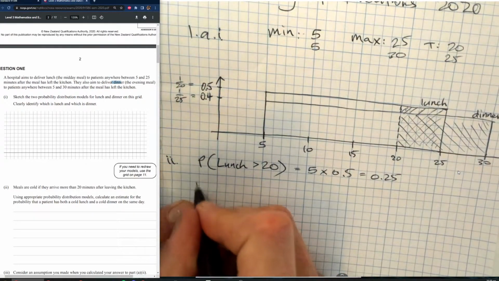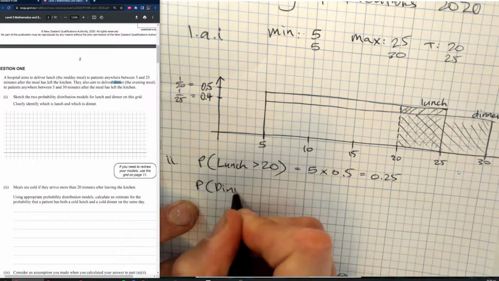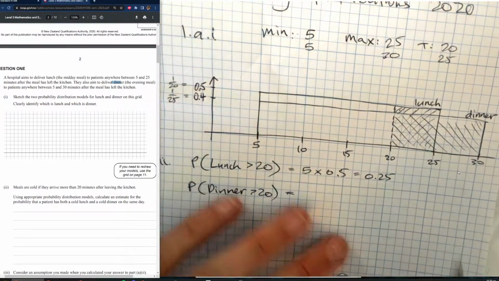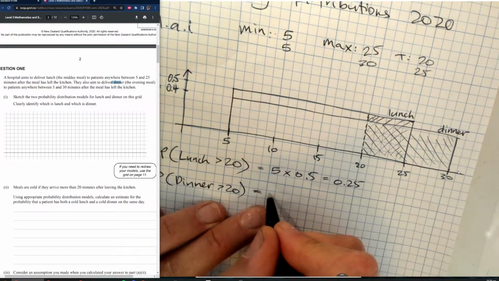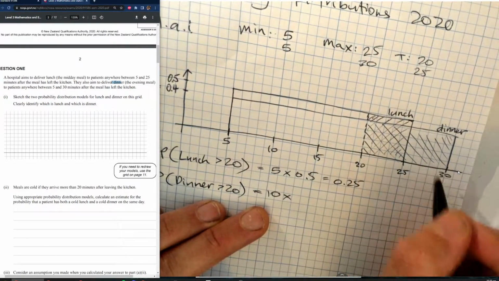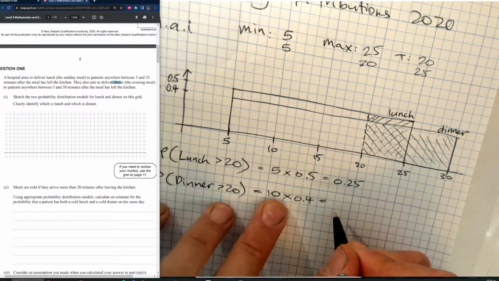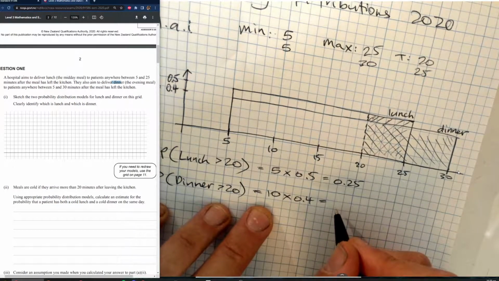Then the probability that dinner is greater than 20 is the base, 10, times the height, which is 0.4, and when you look at that, whoa, what did I do wrong here?